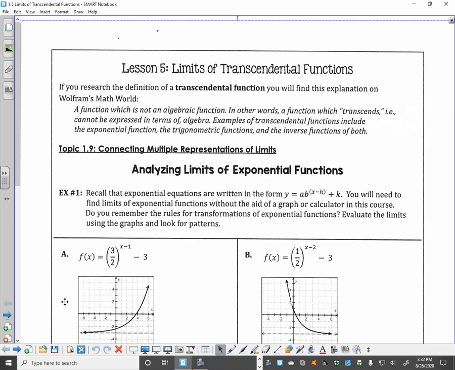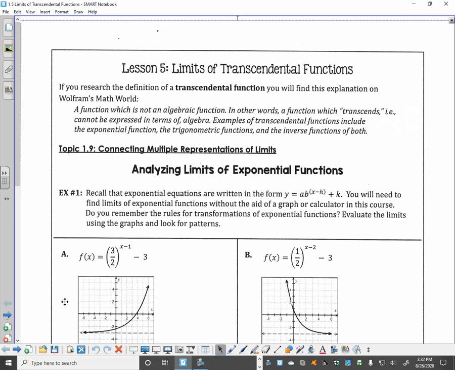If you research the definition of a transcendental function, you'll find it's a function which transcends, cannot be expressed in terms of algebra. Examples include exponential, trig, and the inverse functions of both.